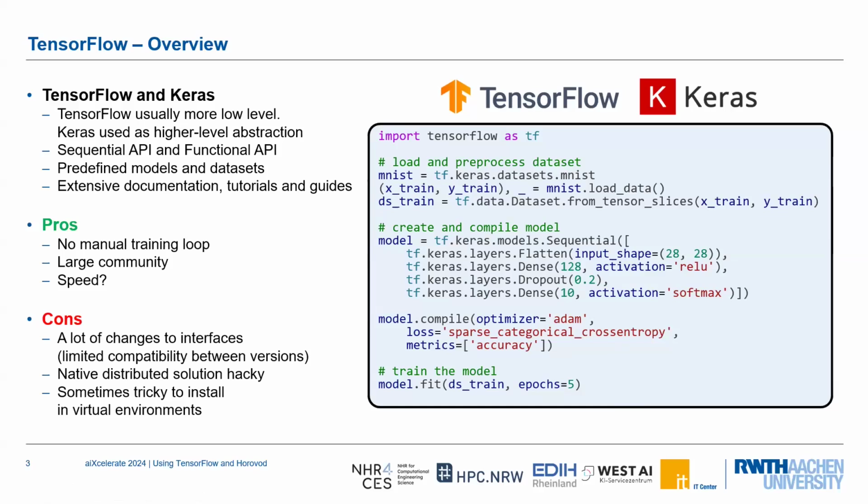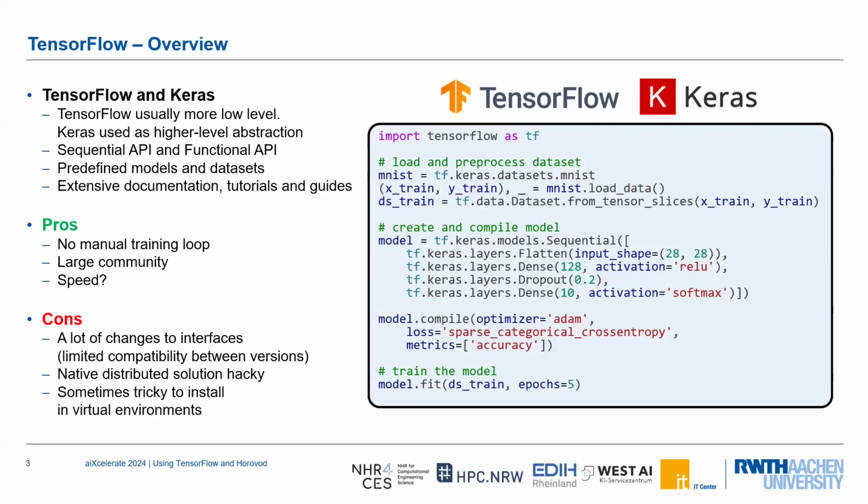So pros and cons. No manual training loop. That is partially a good thing, sometimes also a little bit tricky if you want to do some more complex stuff. There's in principle a large community, although we see a lot of people moving from TensorFlow and going to PyTorch because of reasons.